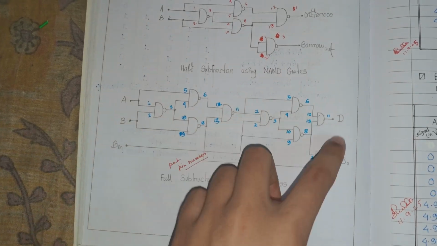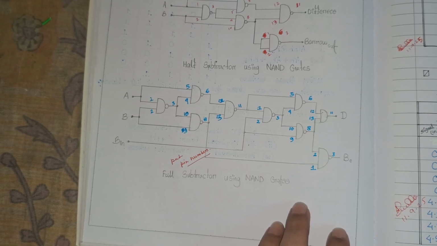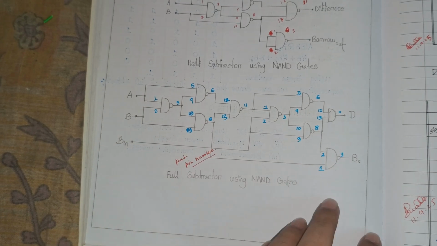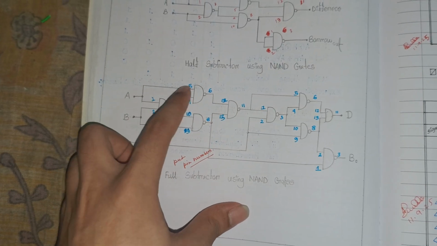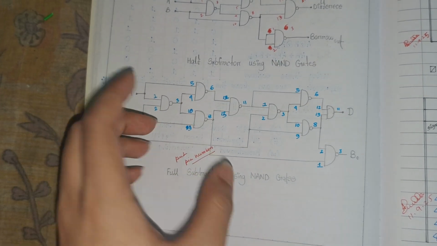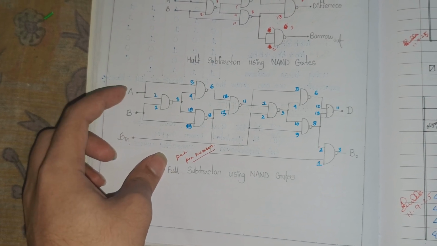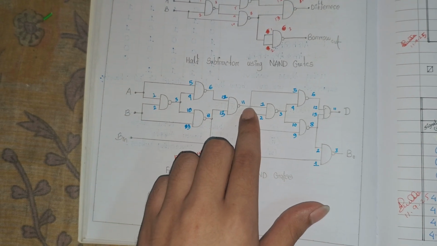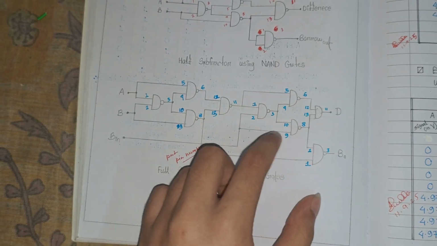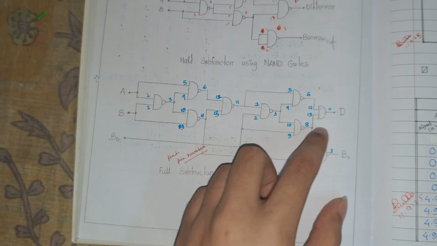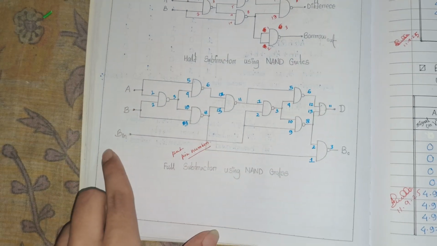This is the total schematic, and if you are familiar with the theoretical part of the full subtractor, you already know that these 4 NAND gates are behaving as an XOR gate, which is actually doing the operation of XOR between A and B. A XOR B, and that output is feeding into another XOR gate, and these 4 NAND gates are an XOR gate, and this XOR gate is operating with the output of A XOR B and the B in.